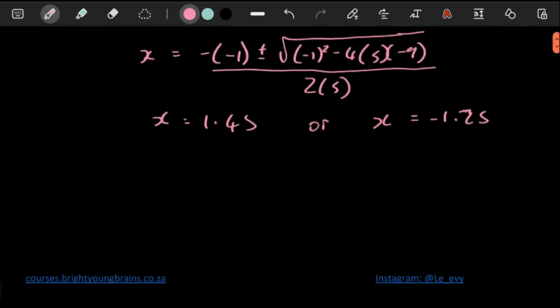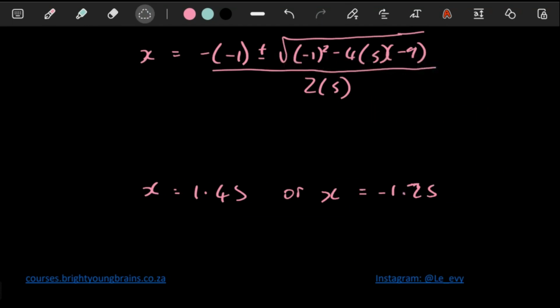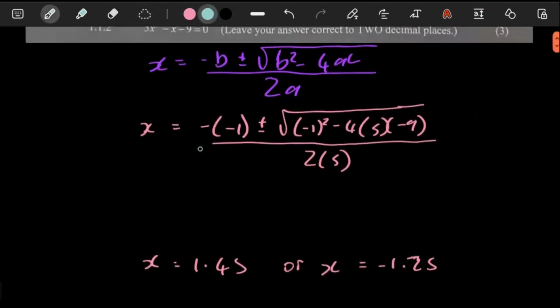The one thing I've noticed in some memos is that they normally want you to have an extra step before your final answer, which is kind of weird and dumb, but you can't argue with the people that are going to give you marks. You just have to comply. So before your final step, you can try and simplify first. This negative and a negative is going to give you a +1.